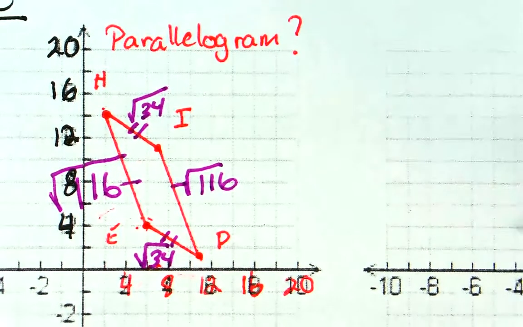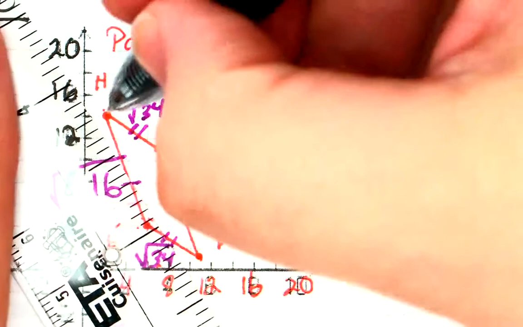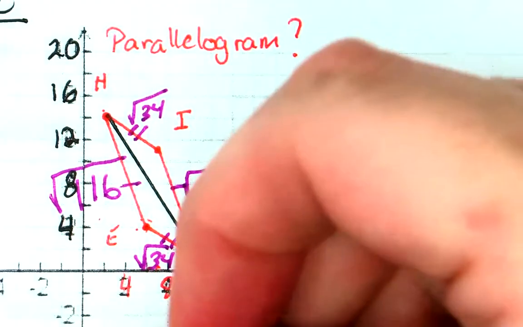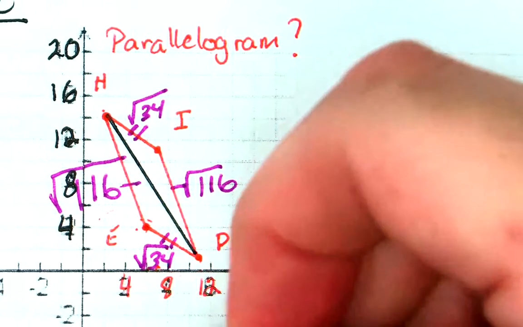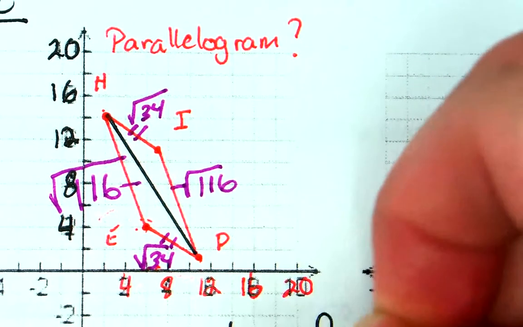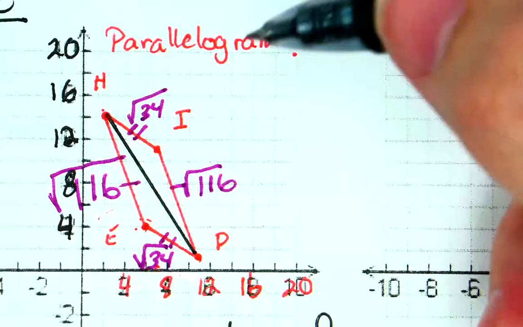Well, let me show you. The diagonals are going to take one point and connect it to the opposite side. So HD is a diagonal. What do you think the other diagonal is?